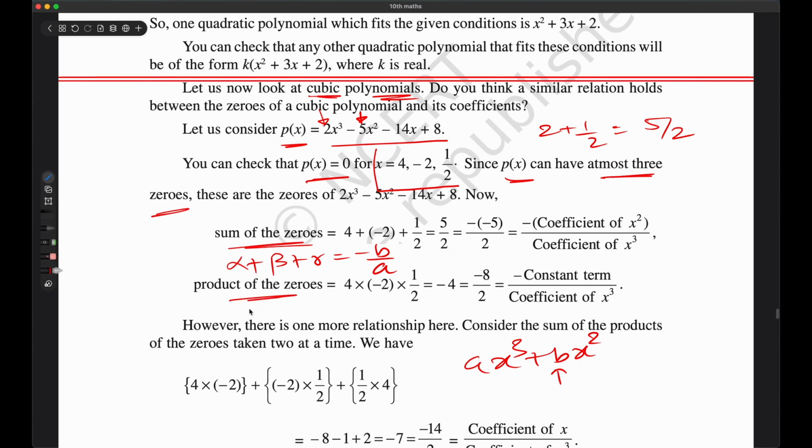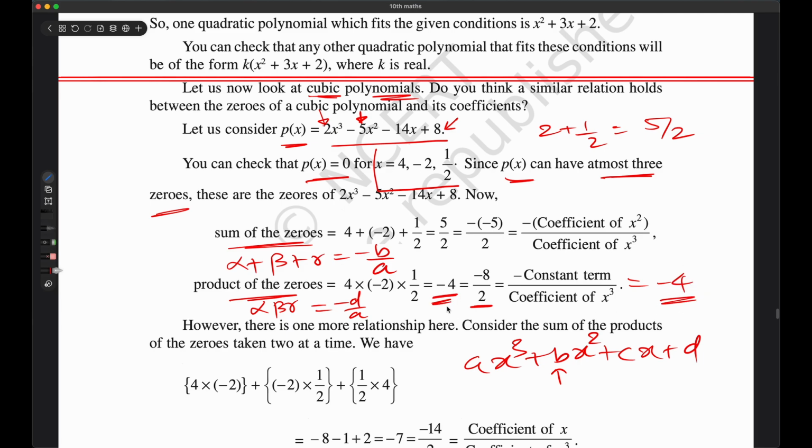For the product of zeros of the polynomial, we have alpha beta gamma equals minus d divided by a. The product is 4 into minus 2 into 1 by 2, that is minus 4, as 2 gets cancelled. And minus d divided by a, where d is 8, the constant term, divided by a, the coefficient of x cube, we get minus 8 divided by 2, that is minus 4.